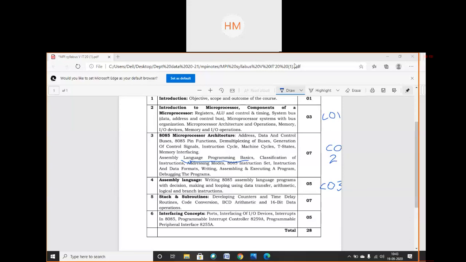Just the language has changed; the logic remains the same. Every student can implement it in his own logic, but in this subject you have to write the program using assembly language.